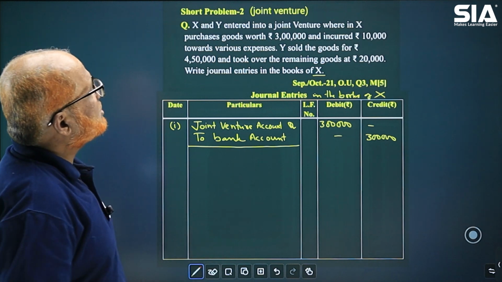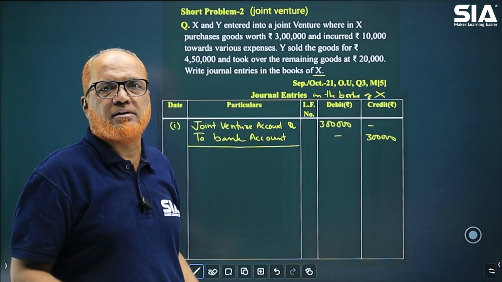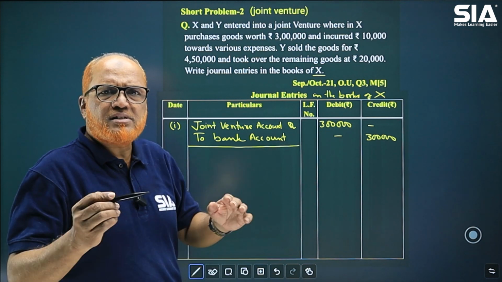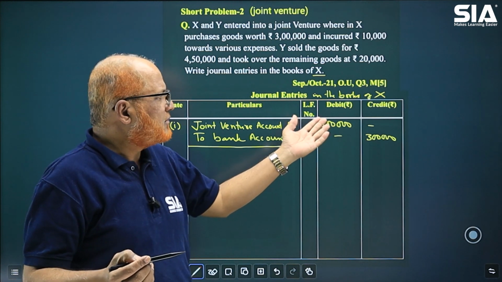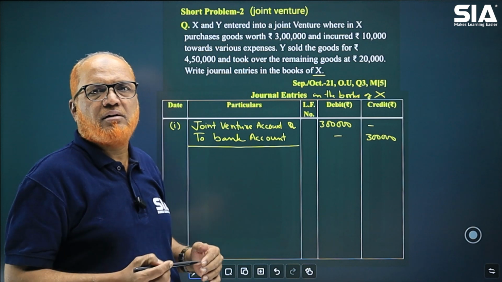The second transaction was that 10,000 rupees was incurred towards various expenses. Who has incurred this? X only. First he purchased 3 lakh rupees of goods, and secondly he is meeting the expenses of 10,000.